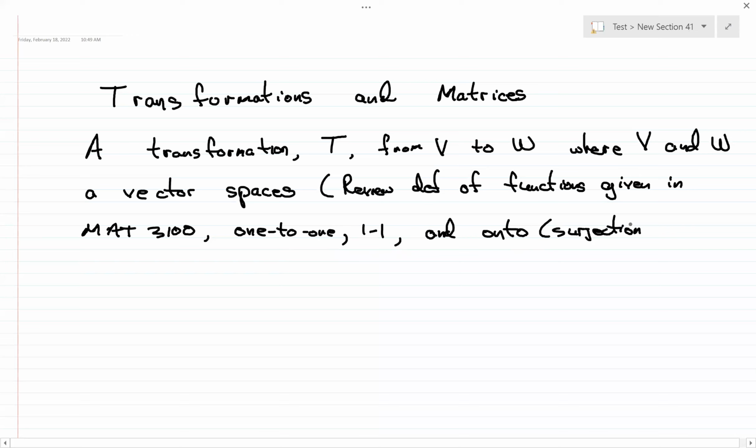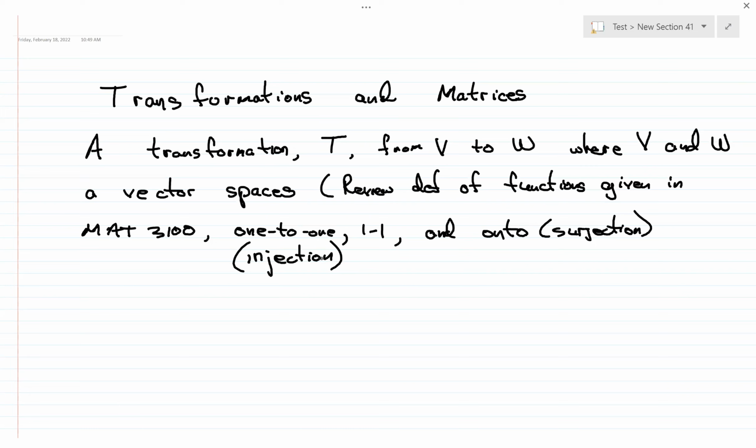That's a French word actually, used synonymously to onto, and one-to-one is called an injection. You don't have to know all these terms. If you knew one-to-one and onto, that probably would be enough. But surjection just is another way of referring to onto, and injection another way to refer to one-to-one.